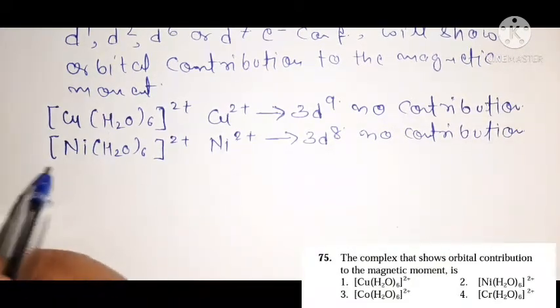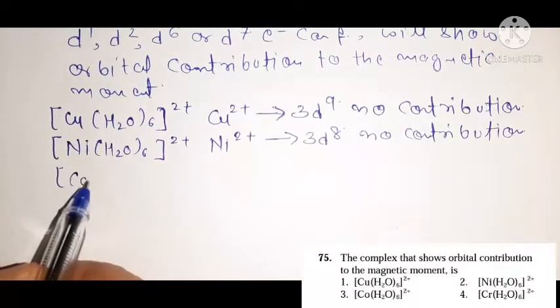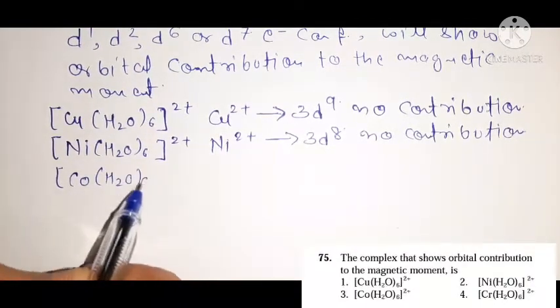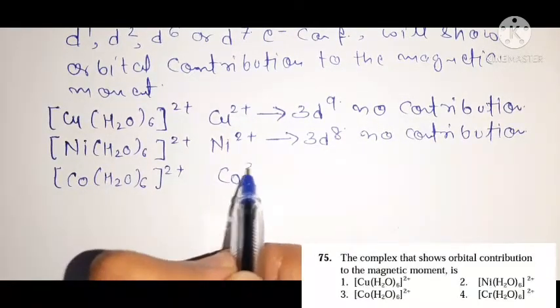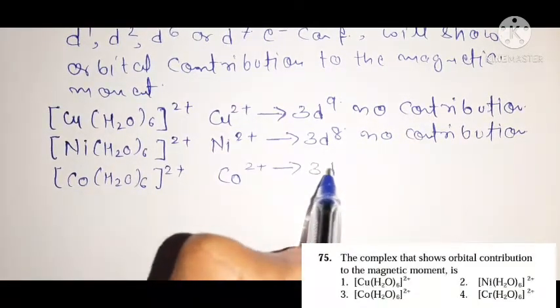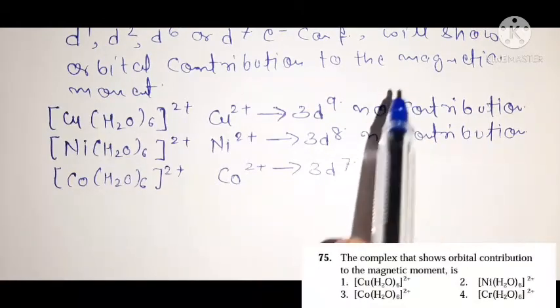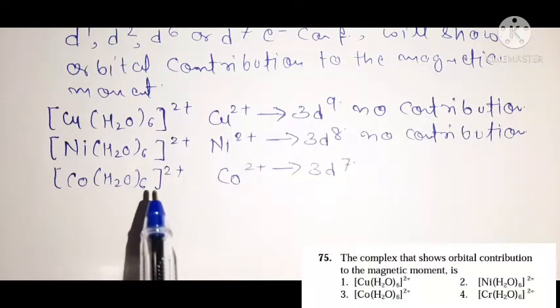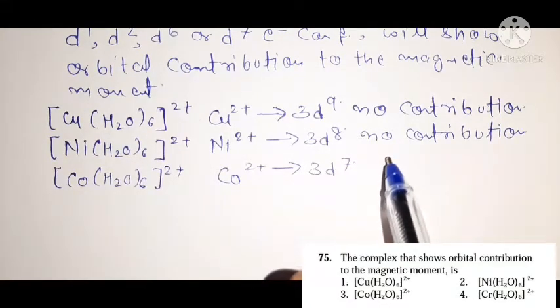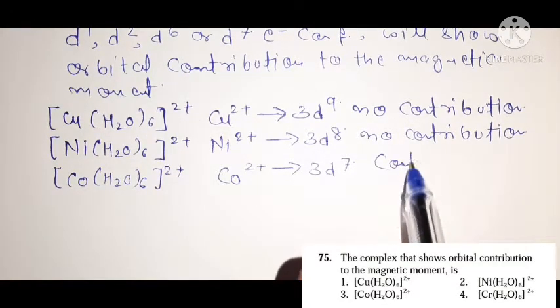In the third option, that is Co(H2O)6 2+. So cobalt 2+ is 3d7 electronic configuration, and we say that d7 electronic configuration shows orbital contribution to magnetic moment. So there is a contribution.